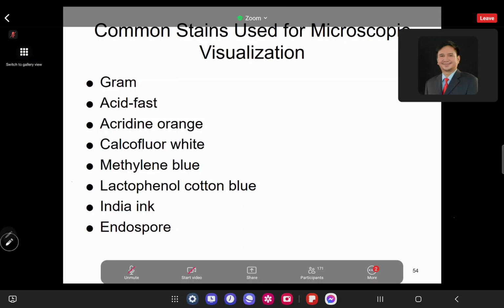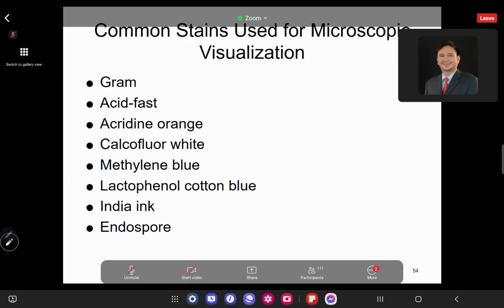We use the gram staining technique. All right, I will describe and choose among these stains. Fungal cell walls under fluorescence microscopy. Anybody? It's calcofluor white.